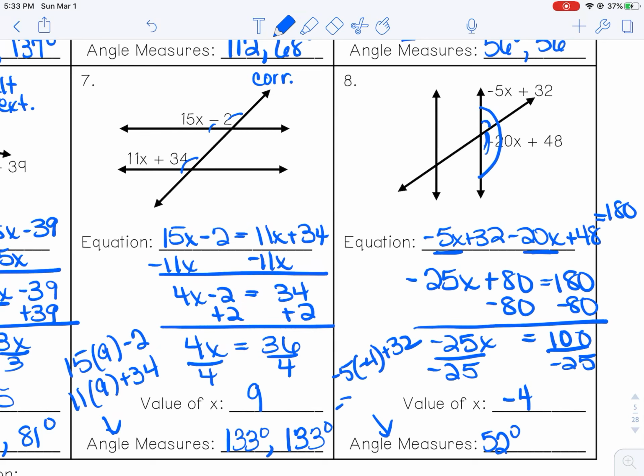The second one is a negative 20 times a negative 4, it's going to give us a positive 80, plus 48, it's going to give us 128 degrees. And we knew they weren't going to be equal. We just need to make sure that they add up to 180, and 52 plus 128 does give us 180.